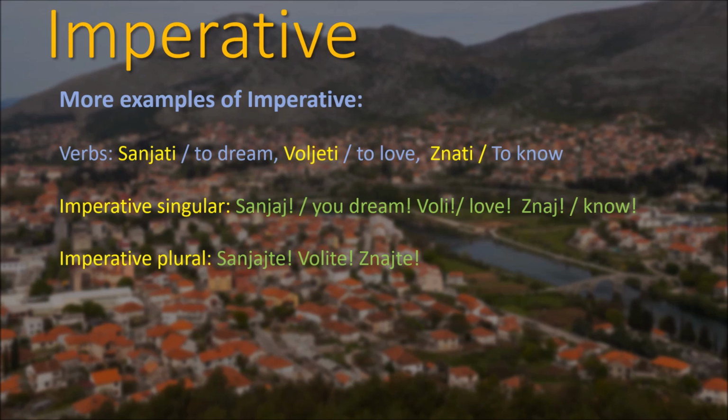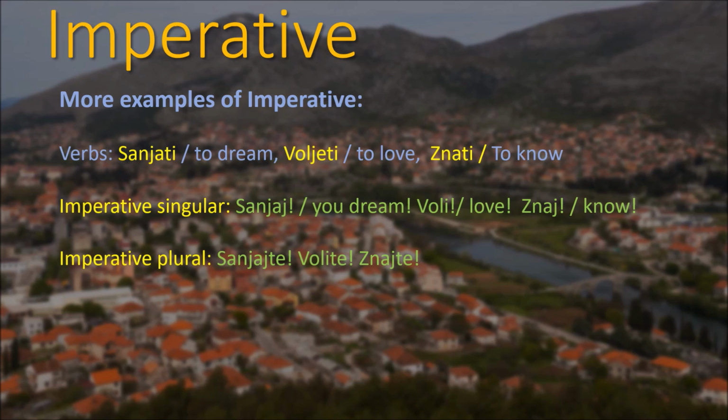Voljeti is a different conjugation, and it conjugates itself like this: volim, voliš, voli, volimo, volite, vole. So this conjugation is a bit different from sanjati and the other ones that we already looked at.